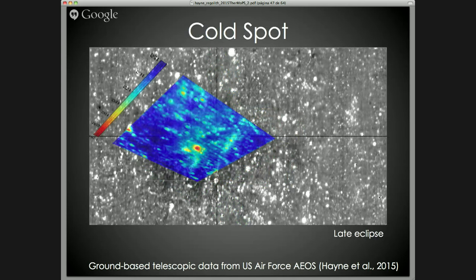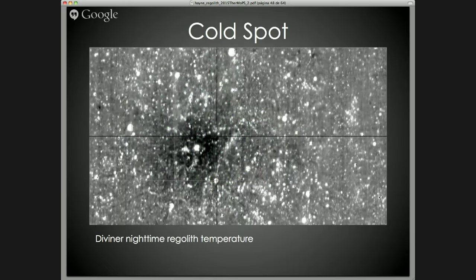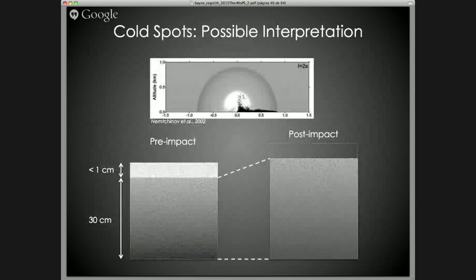which is here. And so what this means is that somehow during the impact process, if this is the pre-impact regolith, you've got the fluffy layer on top that's a centimeter on top of this more consolidated regolith here. During the impact, somehow this fluffy material gets swept off, maybe by an expanding vapor cloud or ballistic secondary particles here.